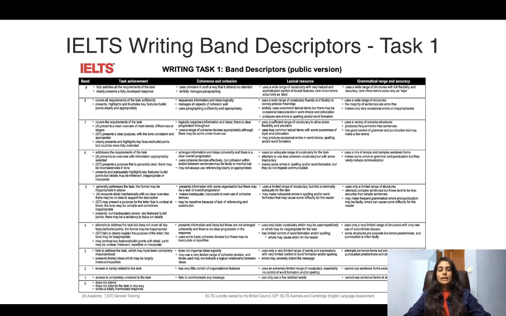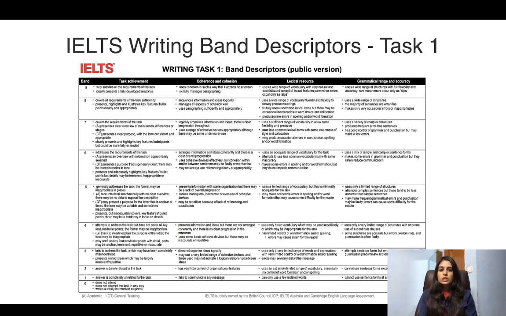Number one is task achievement. Number two is coherence and cohesion. Number three is lexical resources. And the fourth parameter is GRA, that's grammatical range and accuracy. These are band descriptors from the official IELTS site. This is what the examiner or the assessor refers to whenever they're assessing your answers.